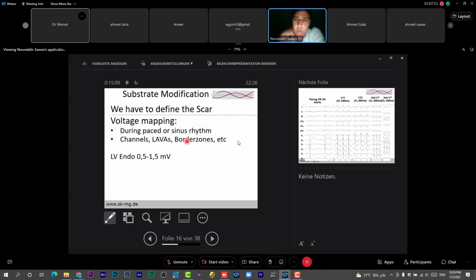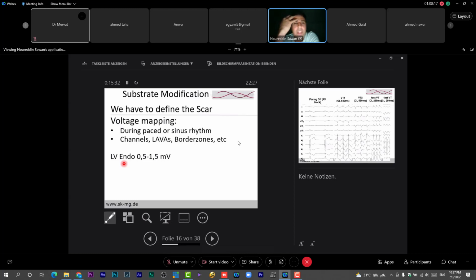And also, I have some colleagues who are trying to play with these borders all the time, because if you look at the work of Mashinsky, he says the really normal, the very, very normal myocytes should have voltage more than 3.5.